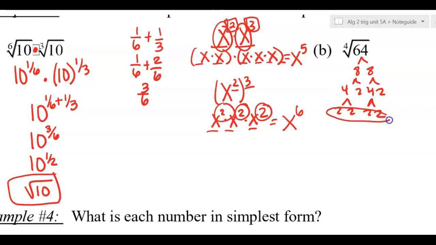So it has a group of 4 2's and then 2 other 2's left over. So that group of 4 2's is a perfect fourth root that I can take outside of the radical. And then the 2 2's would stay inside the radical multiplying each other, which would be 4.